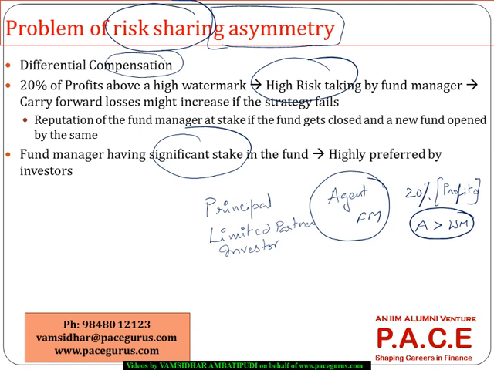Sometimes it's looked at like, if the fund manager is investing 40% of the total fund, the remaining 60% comes very easily from the investors. But if the contribution is only 20% or 10% or even lesser, probably the investors show a very negative inclination towards it, because the fund manager is playing only with 10% of his money. So the trust that the investors will develop in the fund manager will be much lesser.